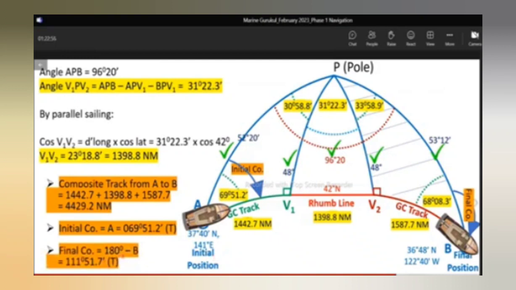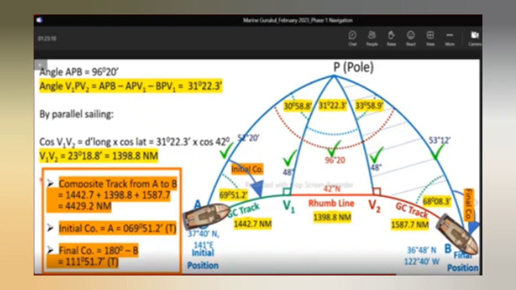The final course is 111 degrees 51.7 minutes true, and this way we get all that was asked from us to be solved in this particular question. So have a good look, beta, and let me know any doubts coming in.